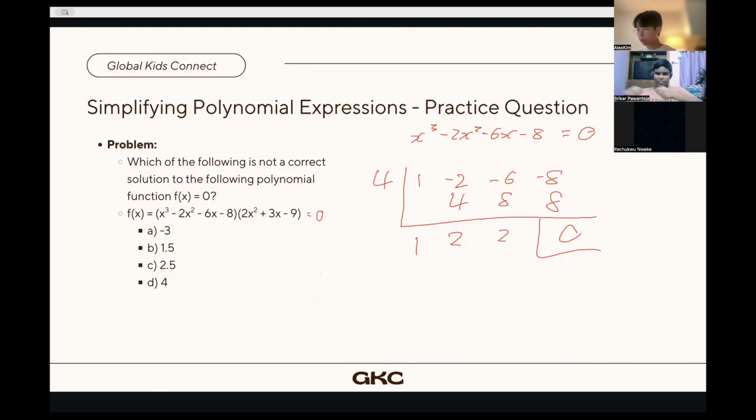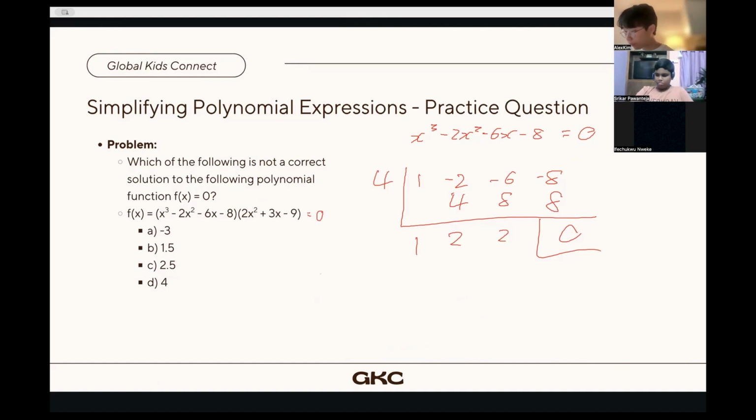Like I just did, sometimes it might take multiple tries to get the correct answer. In that case, worry not, just calmly try each possible case, and always try a divisor of the last coefficient, also known as the constant. Once you do each of those values, one of them will be a correct value.